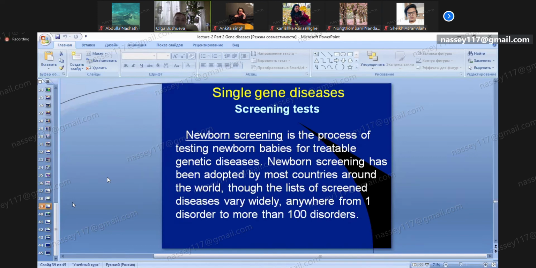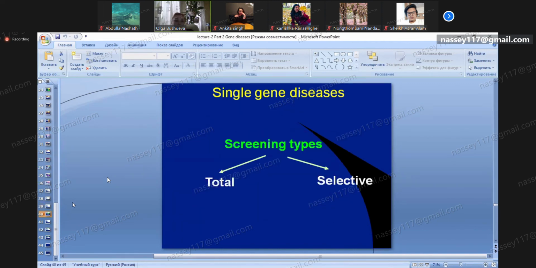This screening is the process of testing newborn babies for treatable genetic diseases. Newborn screening has been adopted by most countries around the world through the lists of screened diseases very widely, anywhere from 1 disorder to more than 100 diseases.